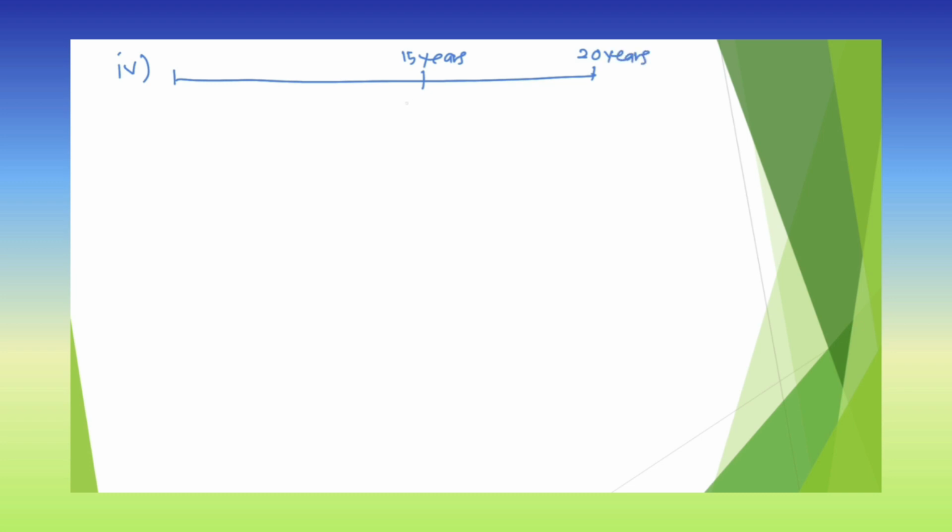So n here equals 180 and here is 240. So here is n 181, 182 and so on. So he wants to pay here.